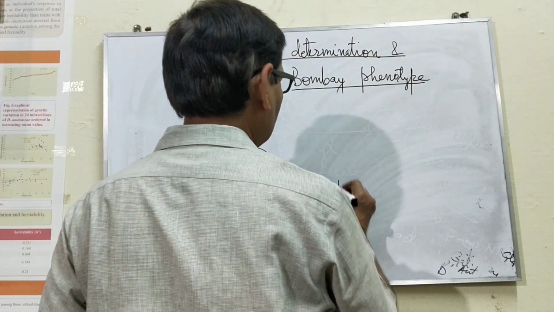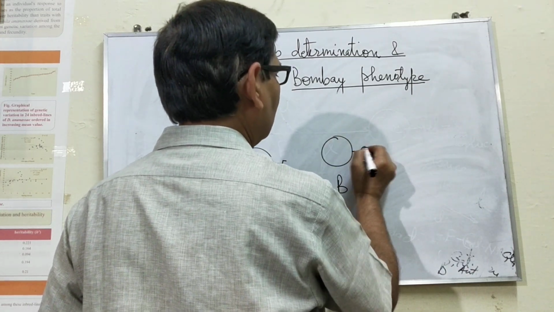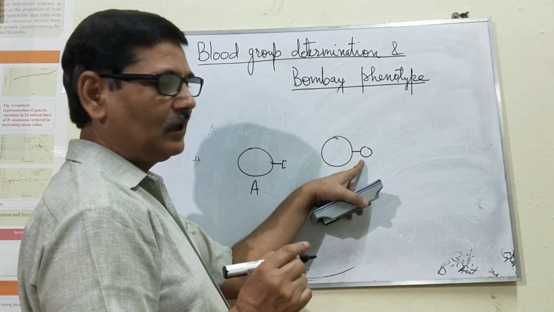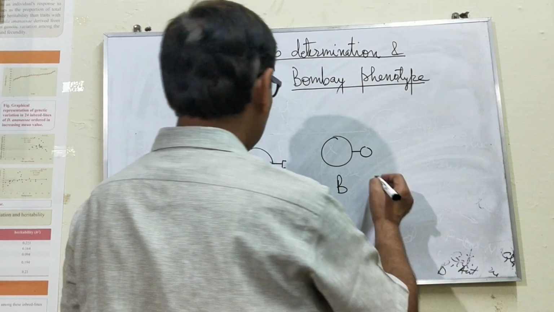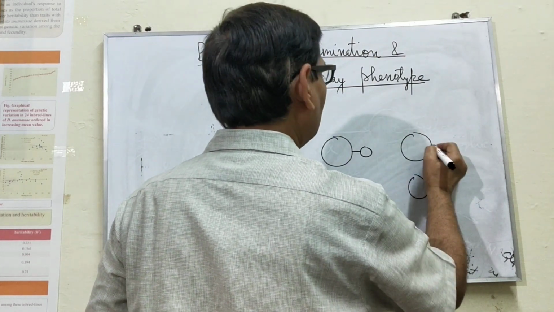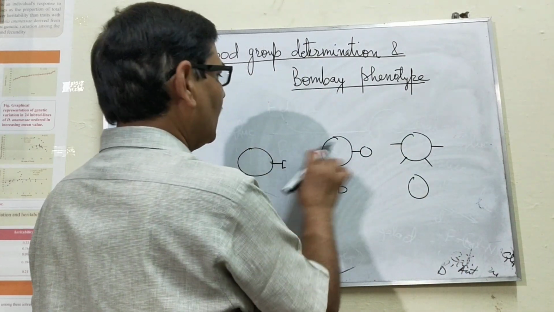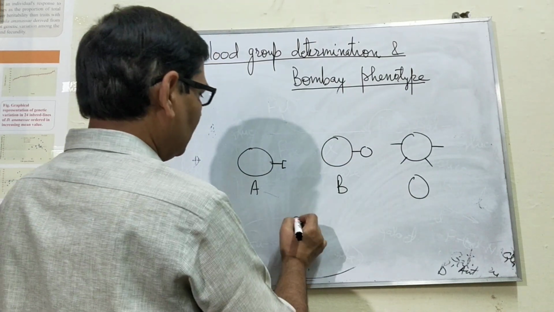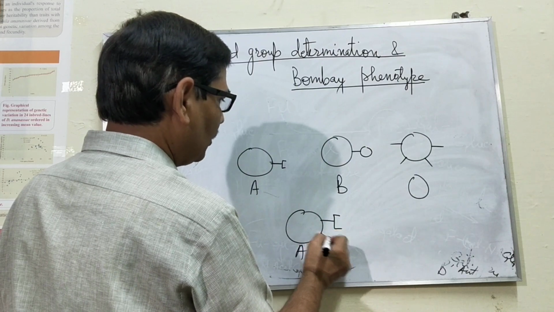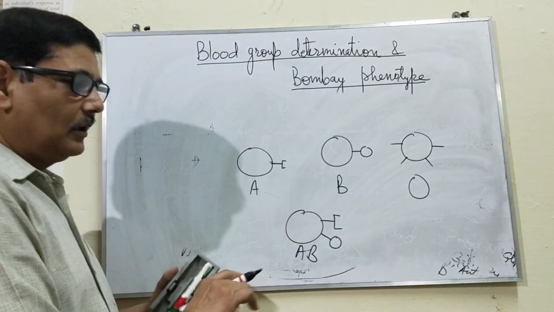If the individual's blood group is B, then with this RBC, the antigen will have the H substance attached with galactose. Whereas in case of O blood group, you will find that only the H substance will be there, neither A nor B antigen will be present. And in case of AB, you will find the presence of A as well as B, both antigens. So this way blood group gets decided.